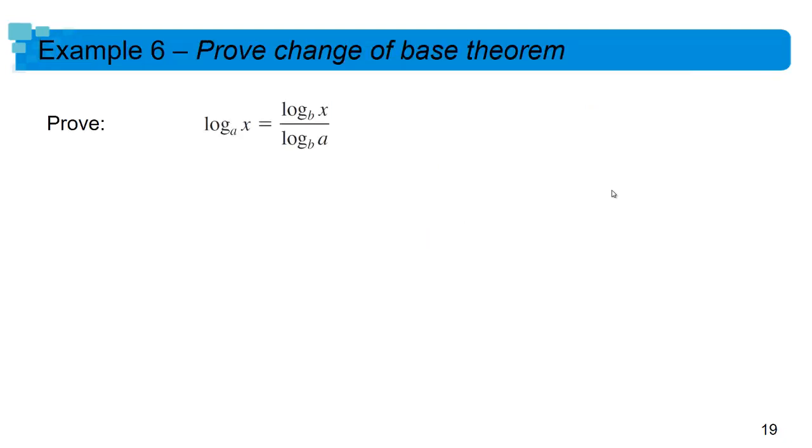Okay. How about proving the change of base theorem? Again, if you don't care, skip ahead. So if we let y equal log base a of x, we're going to do simple substitution. Then, by definition, a to the y equals x. That's easy. Okay.